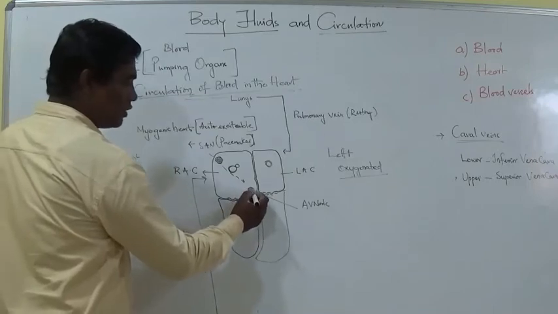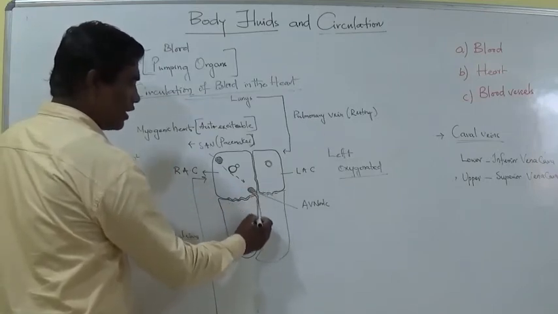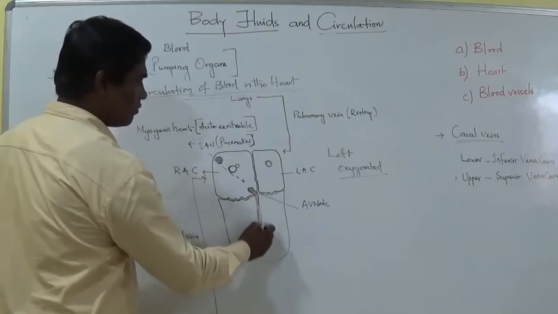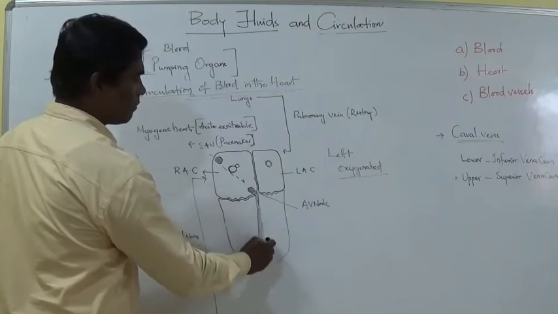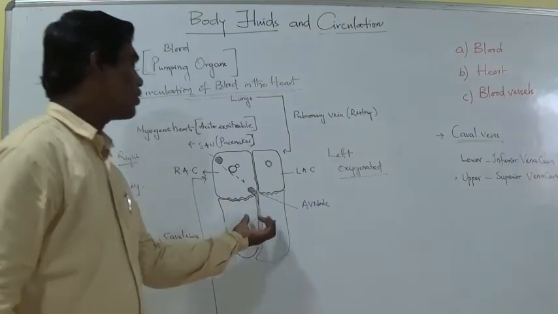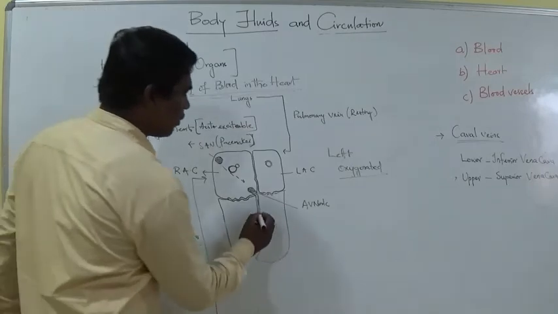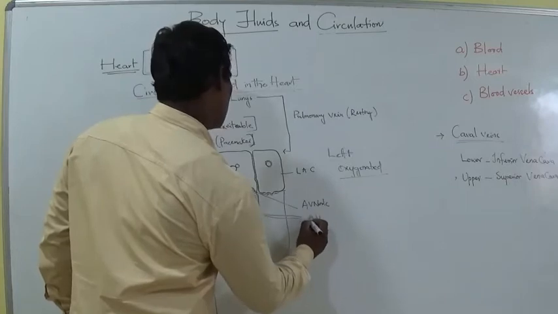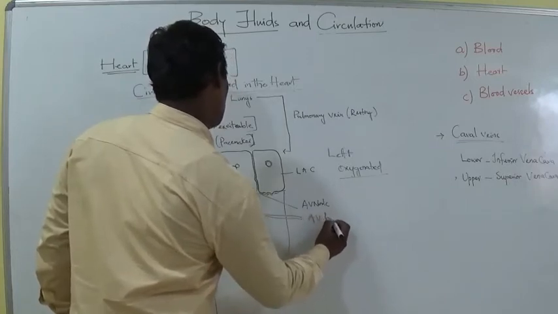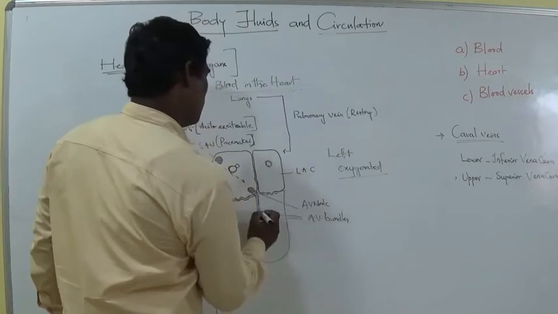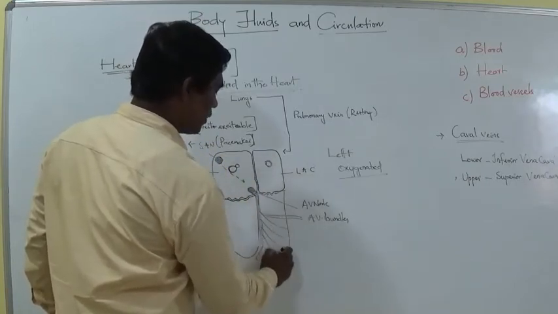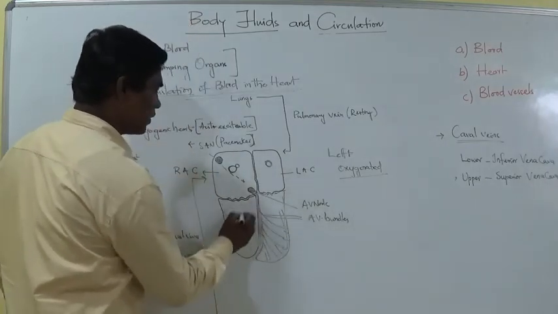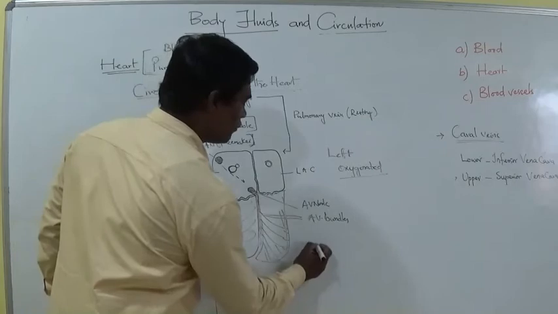From this AV node, the action potential enters through a bundle of muscles that are present in the walls of the ventricles, which is usually called the AV bundle, and this bundle bifurcates to give rise to muscular fibers attaching to the walls of the ventricles, called Purkinje fibers.